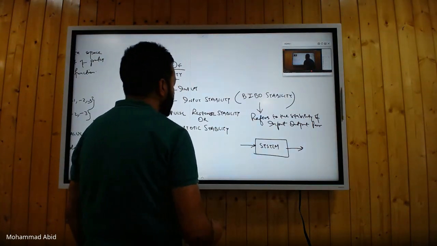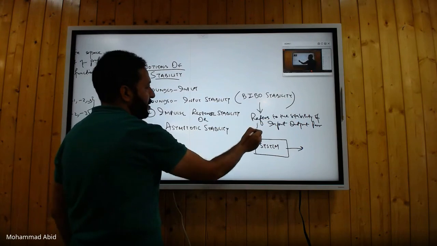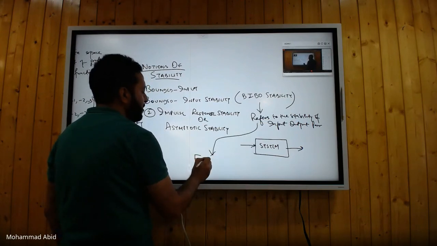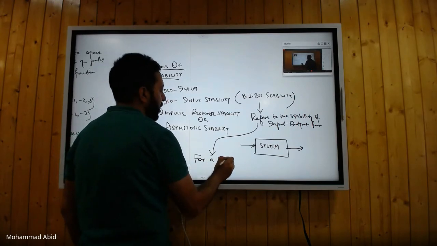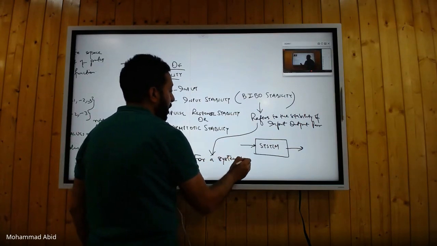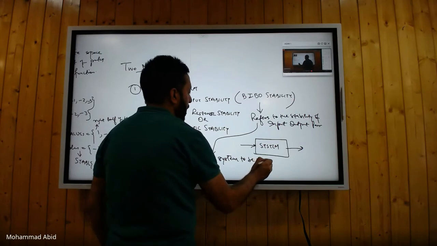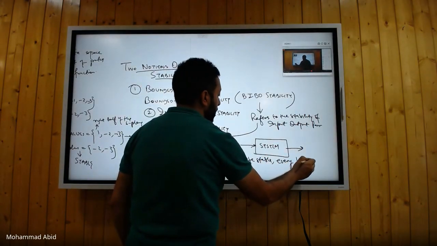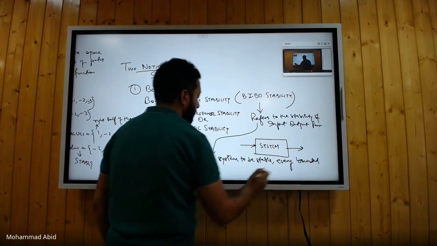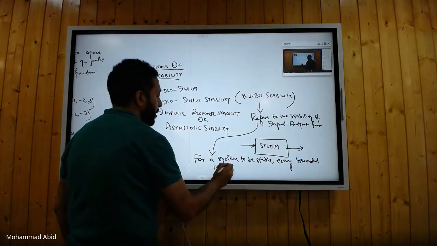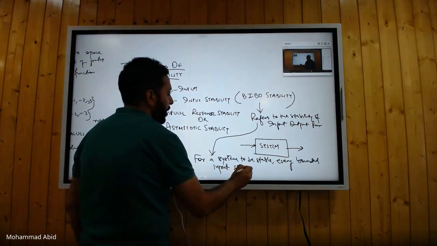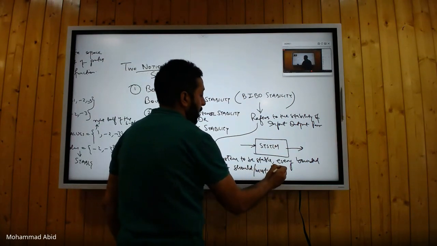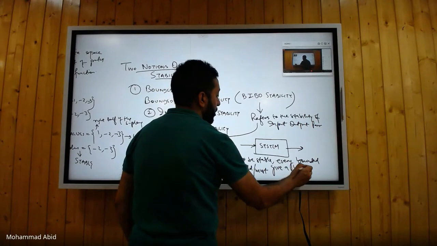What is bounded input, bounded output stability criteria? It says that for a system to be stable, every bounded input must give a bounded output.